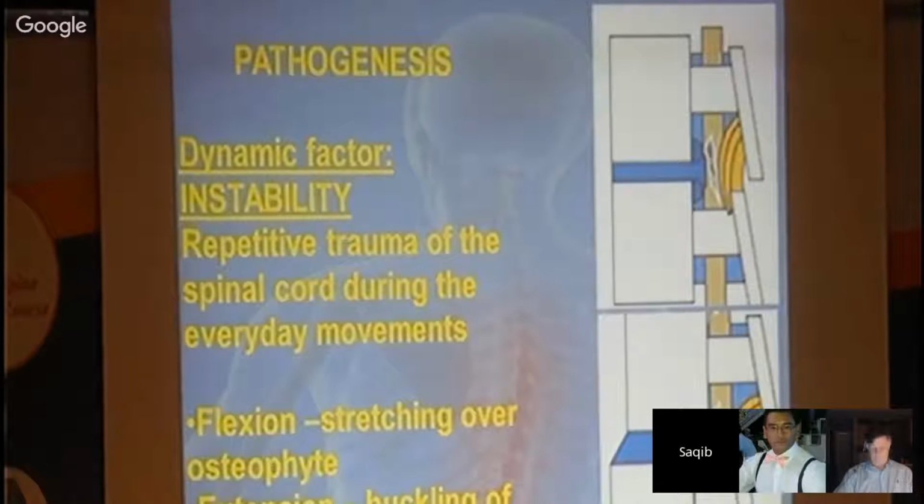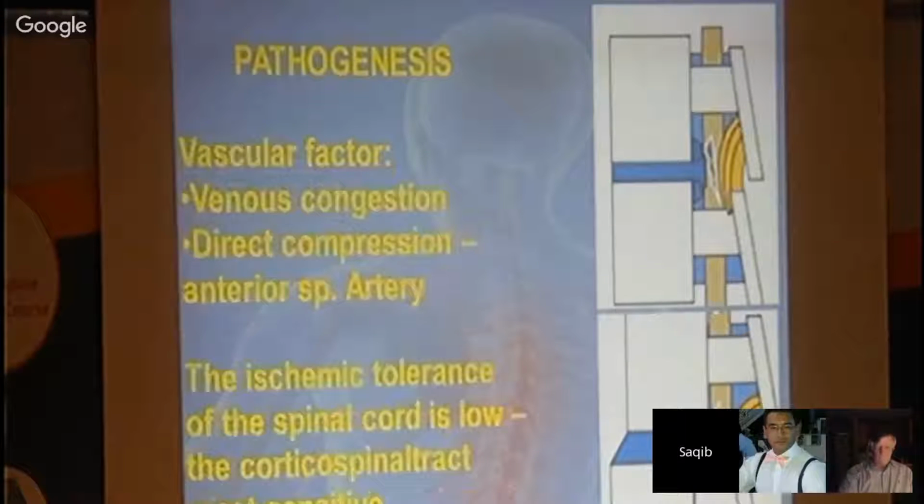Over the osteophyte, you will have buckling of the yellow ligament, and repetitive trauma of the spinal cord on everyday movements, and the spinal cord will suffer and get myelomalacia, and then the patient will be myelopathic.